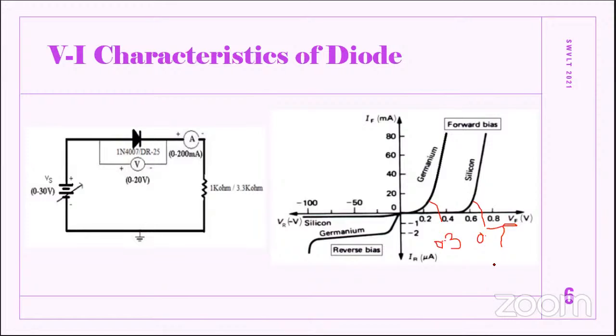As we know, for reverse bias there are only minor changes, and if we increase the voltage very high, it causes breakdown in the case of reverse bias. So here is one point: whenever we do practical circuits in our lab, there is a high chance that our components may burn out.